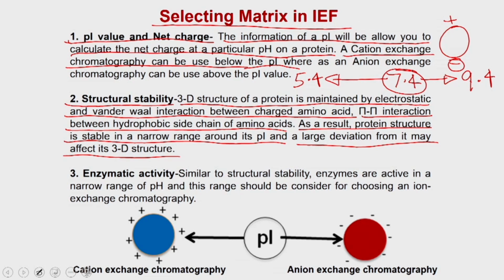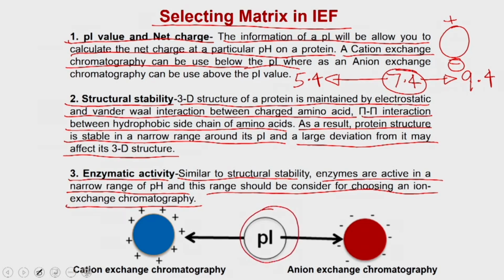Now, the third criterion is enzymatic activity. In case you are purifying an enzyme, then similar to structural stability, enzymes are active in a very narrow range of pH, and this range should be considered when choosing an ion exchange chromatography. So, as given, if you go lower than the pI value, you will be able to use cation exchange chromatography.